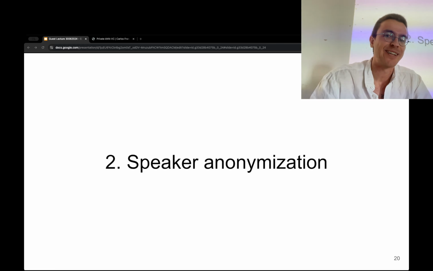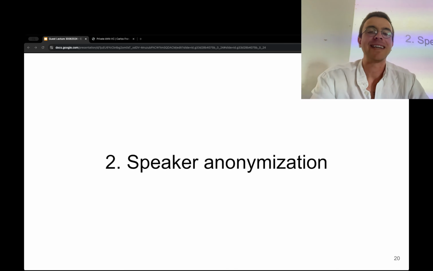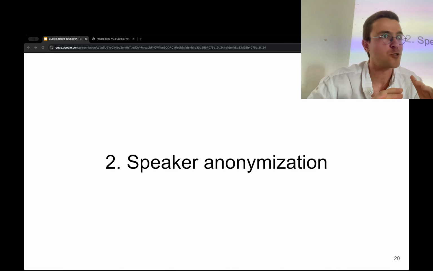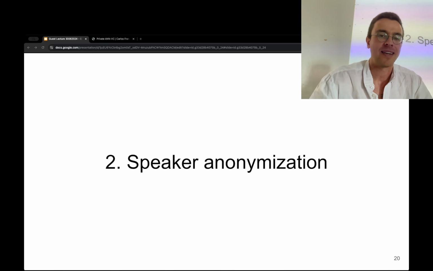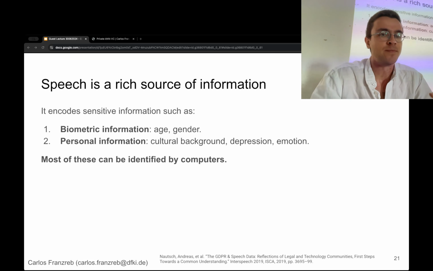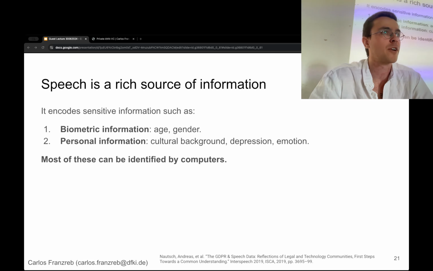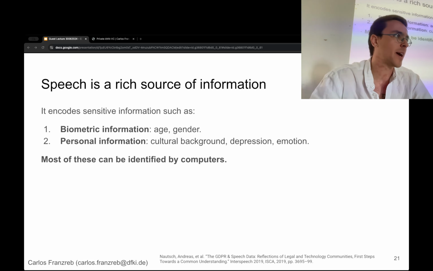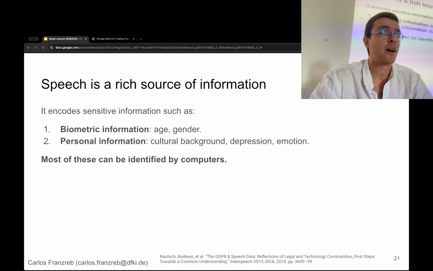Okay. So the second part is we're going to move into speech now. Speech is a very rich source of information compared to text. Speech encodes both biometric information, like you can infer the age and the gender of someone, and also personal information like their cultural background, health conditions and how they're feeling.